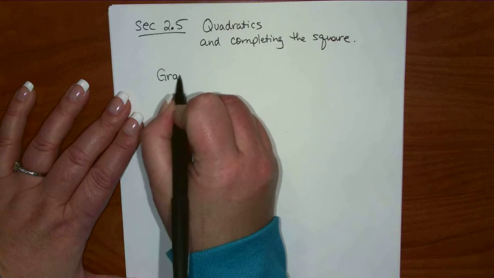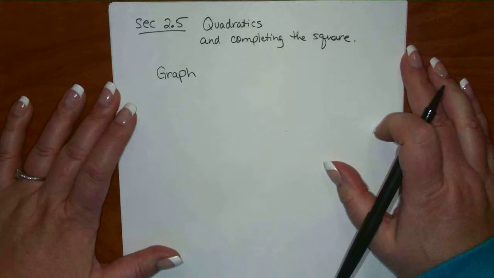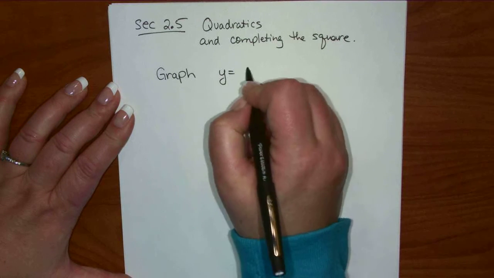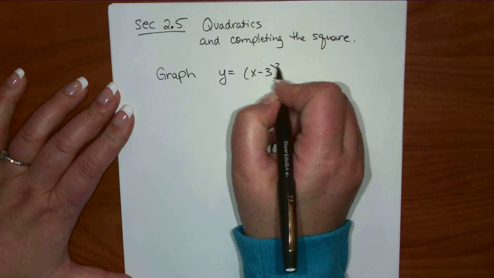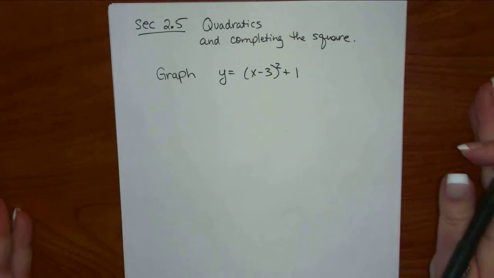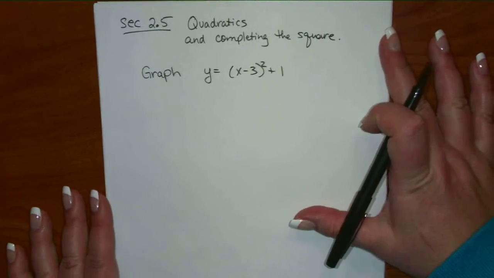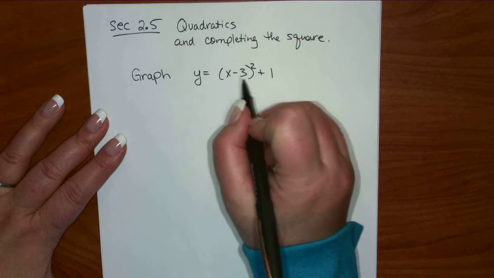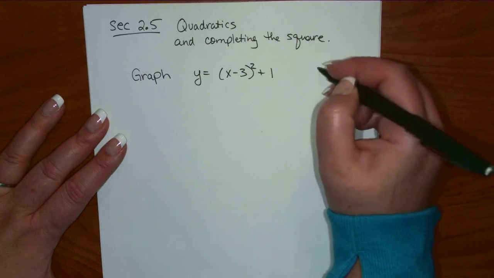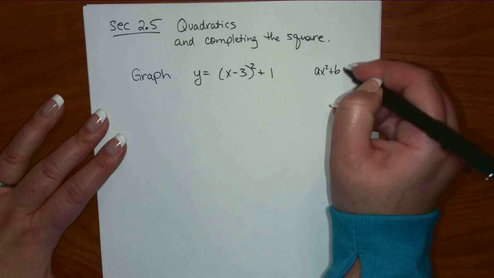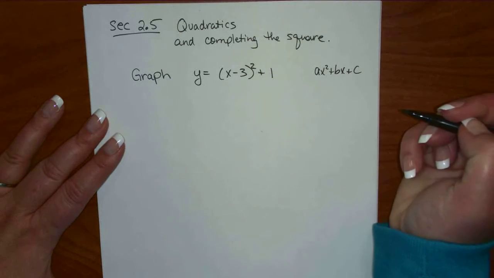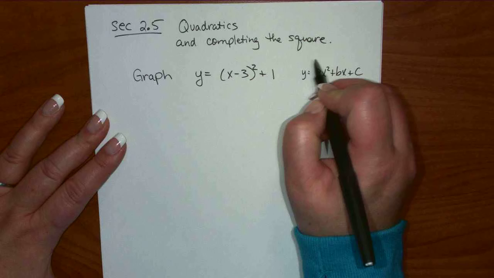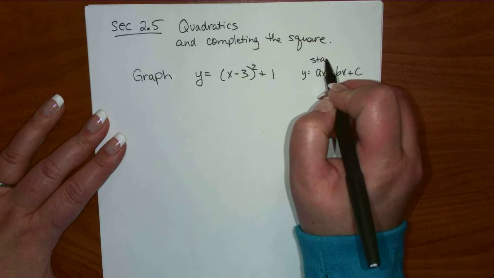So what we're going to see first is how to graph a quadratic that's written in this form. So what is this form? This has a squared still, but it's not written as ax squared plus bx plus c. That's how we saw them before. Now it's written, so this is like, say, standard or general form.